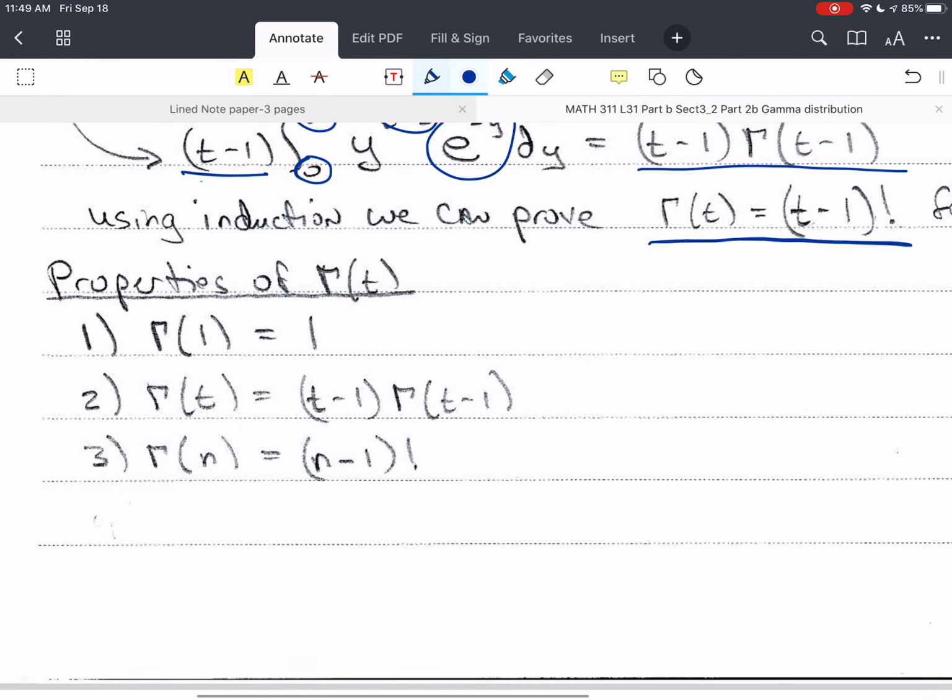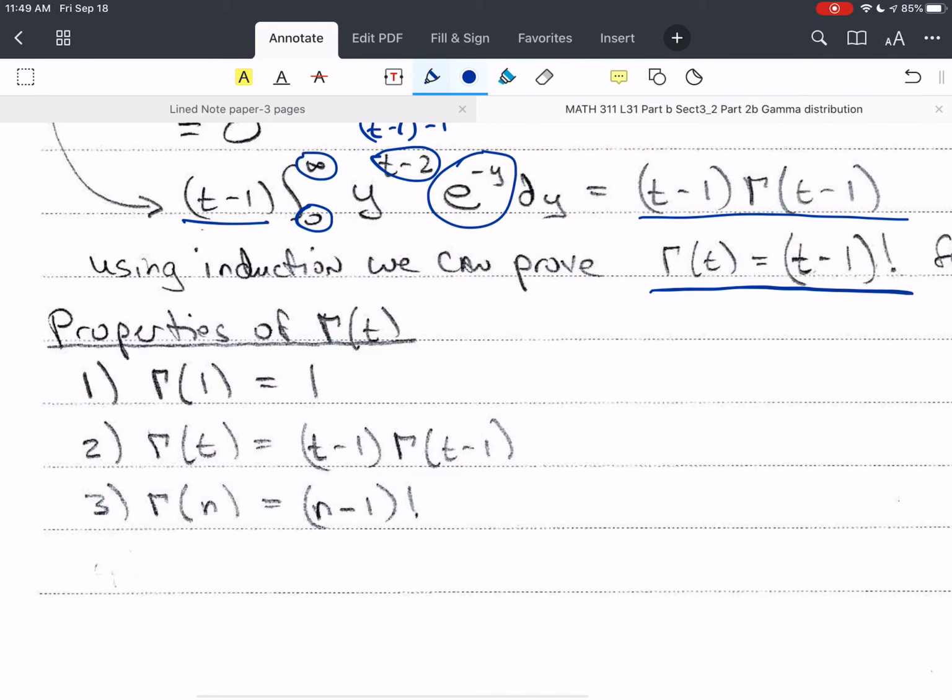And so here are the properties that you need to know about the gamma function. First, we would actually want to prove this first, which I haven't proved, but I've shown that it would be true if we used induction. We could prove it.